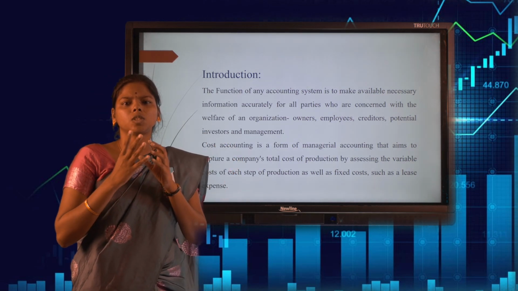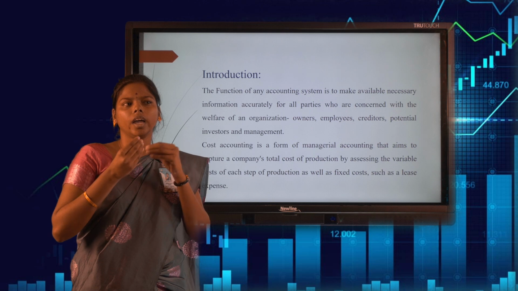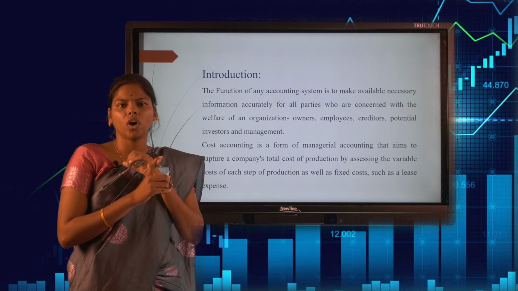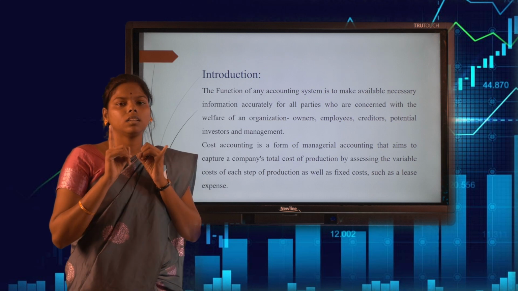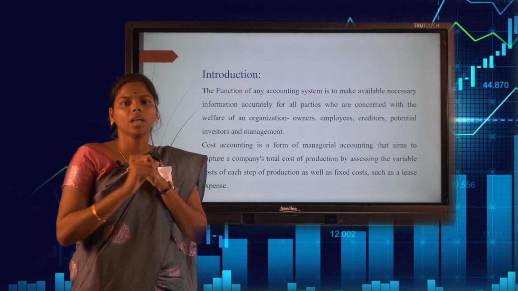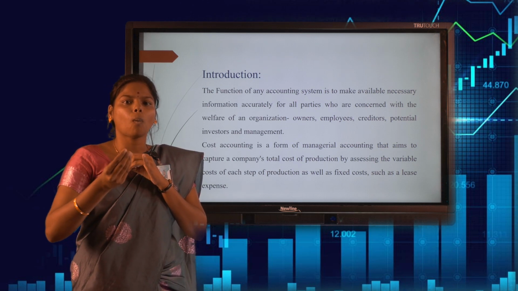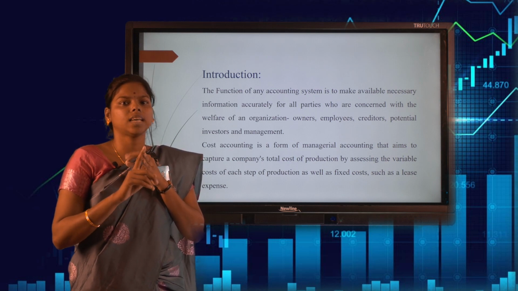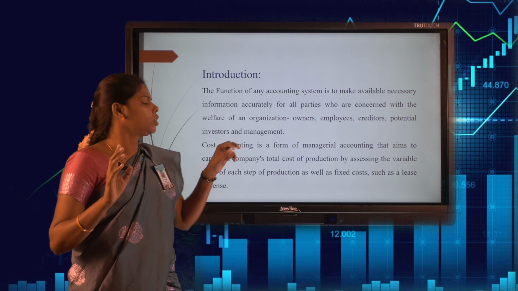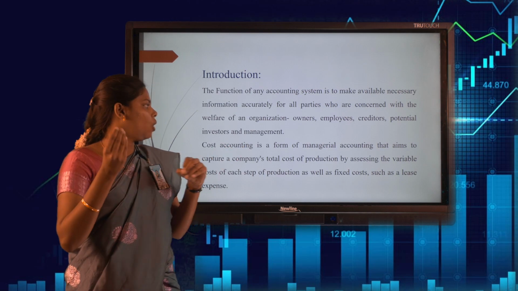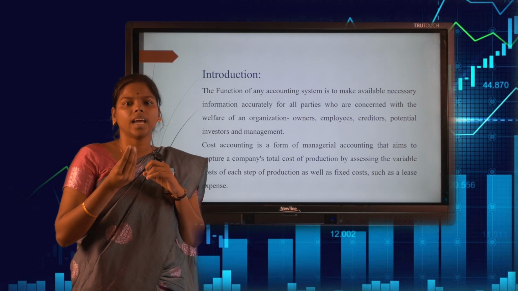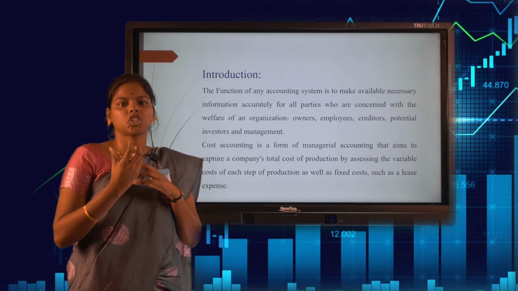The accounting system is mainly concerned with providing information to the concerned persons like employees, investors, etc. Cost accounting is a form of managerial accounting that aims to ascertain the cost of production.